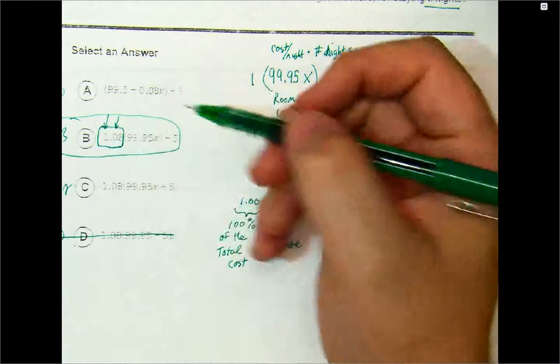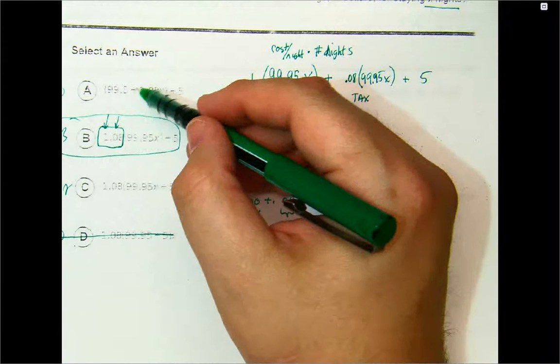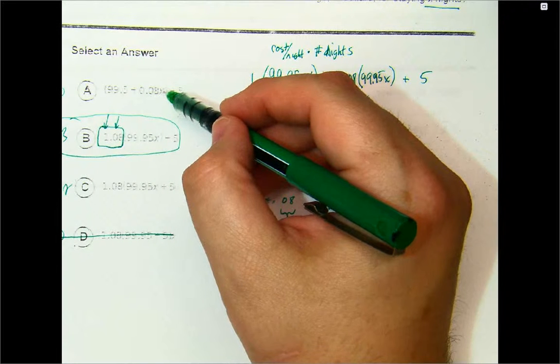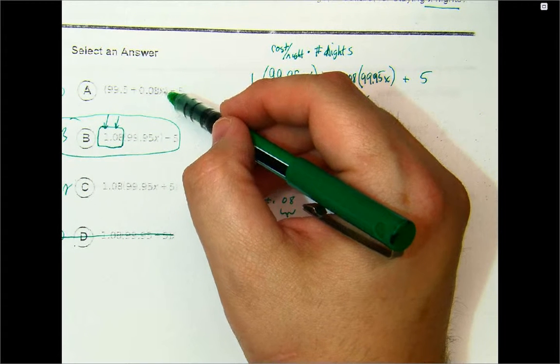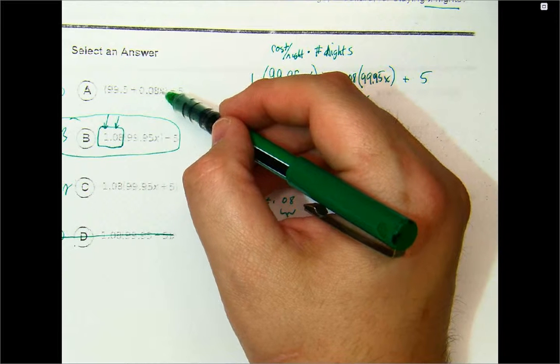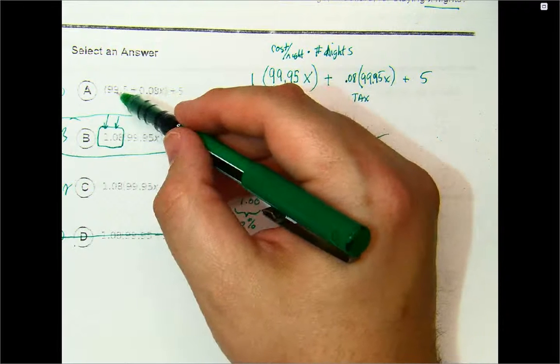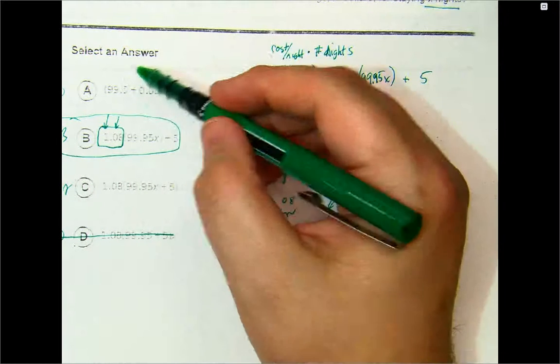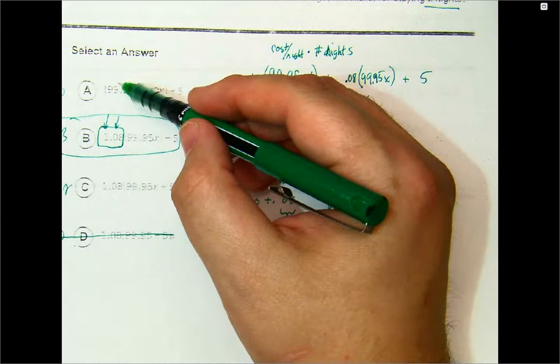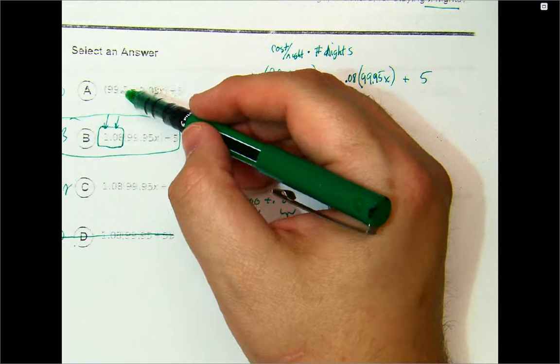This guy up here is saying if I stayed 10 nights, it'd be 10 times 0.08, so 10 times 8 cents, which would be 80 cents. So it'd be 99.95 plus 80 cents.